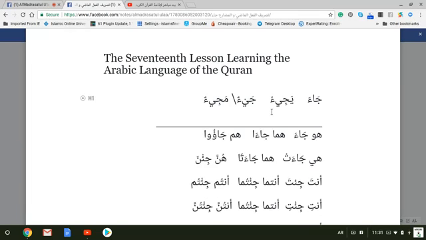Arabic grammar is just memorizing patterns of rules for grammar. It makes sense. That's all Arabic grammar is. Arabic grammar is called al-qawaid, principles or foundation or fundamentals.